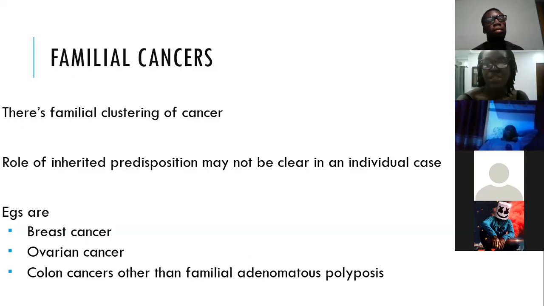So when they discovered the lump, and they said because of her family history, they would want to take it out, she wasn't really in agreement. And eventually, she died of breast cancer. So these are cancers that are identified within the family, but there is no pattern of inheritance. What has just been realized is that it is present in the family. So other examples are colon cancer, ovarian cancer.